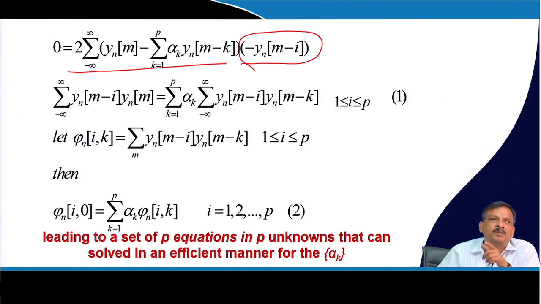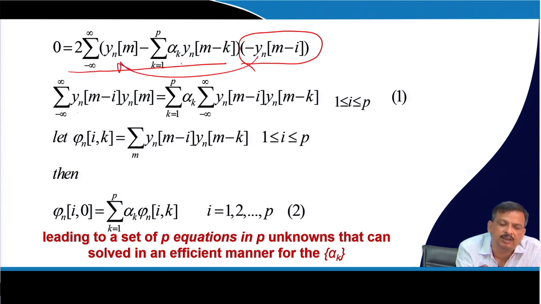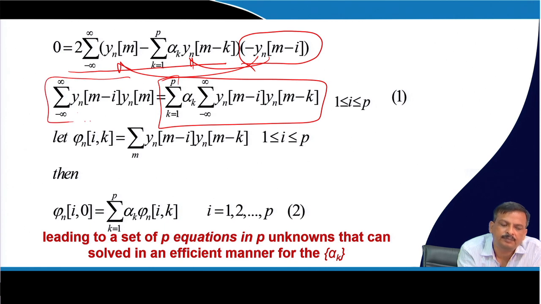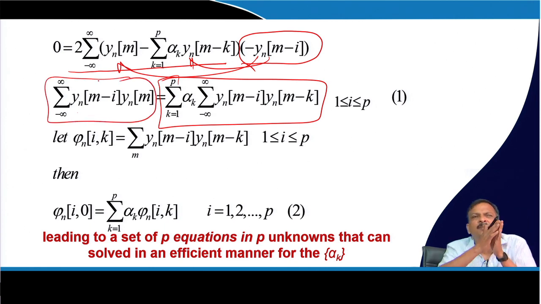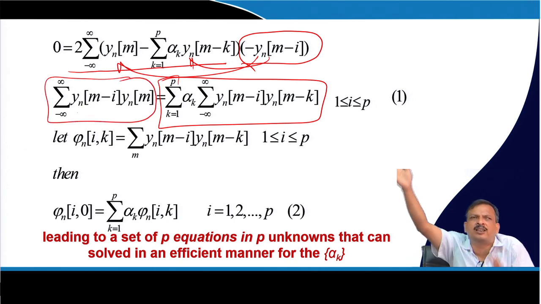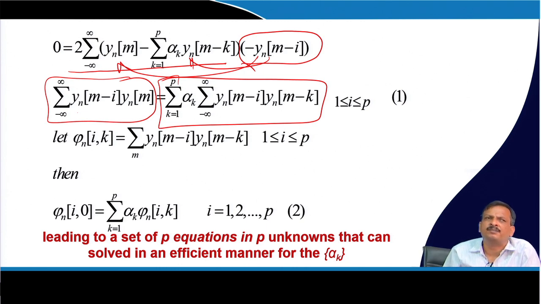Now, let us say m is the signal index, which varies from minus infinity to infinity, but k varies from 1 to p.